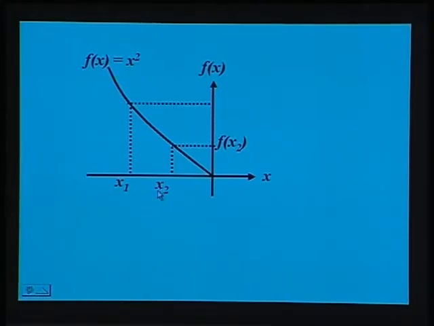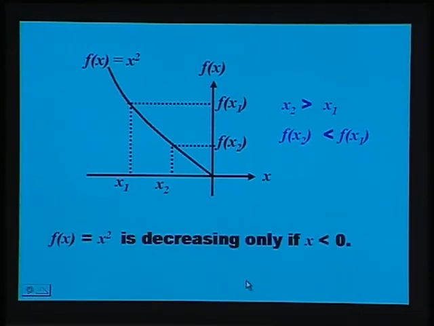Clearly x2 is greater than x1, but f(x2) is less than f(x1). Therefore f(x) equal to x squared is decreasing only if x is less than 0.